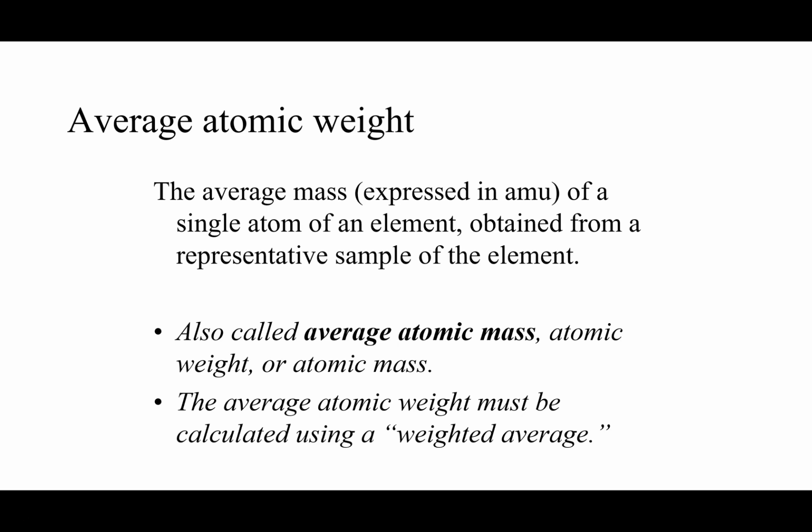You have a whole number, and you have a decimal number. That decimal number is the average atomic weight. Synonyms for average atomic weight are average atomic mass. We're going to talk about why those decimal numbers are what we call a weighted average. The units for how much an atom weighs, we're going to use AMUs, or atomic mass units.